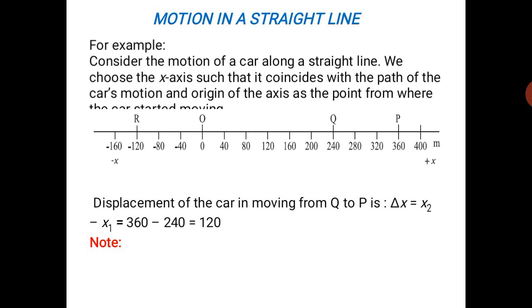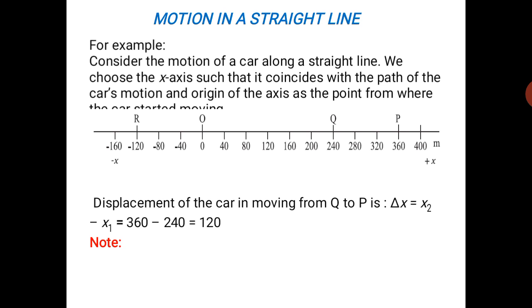Suppose the particle travels from Q to P. So initially the position of the particle is on the x-axis, at a distance of 240, and its final position is at P, which is also on the x-axis, and its position is 360. So now how to measure the displacement?